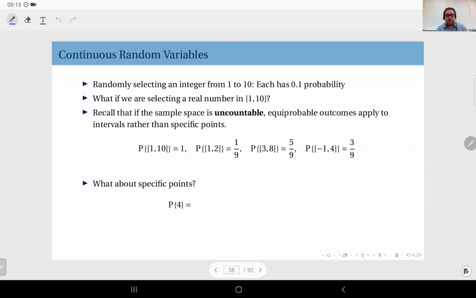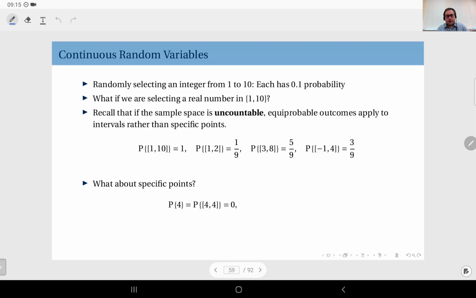So what about specific points? In discrete random variables, we dealt with outcomes that are discretely specified. In our previous example, we had 1, 2, 4, 6.5, and 7. So how about that in this context? In a continuous sample space, for instance, in this example, what would be the probability of the outcome being exactly 4?